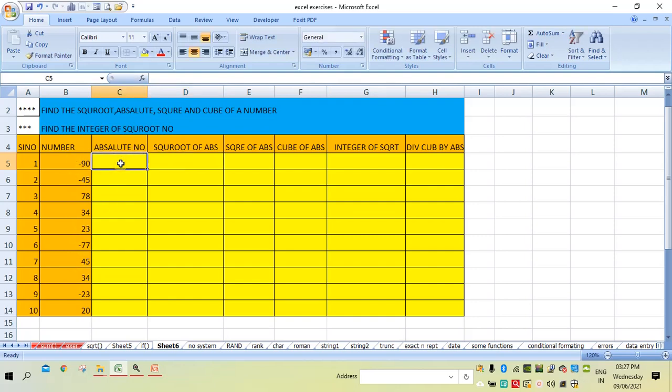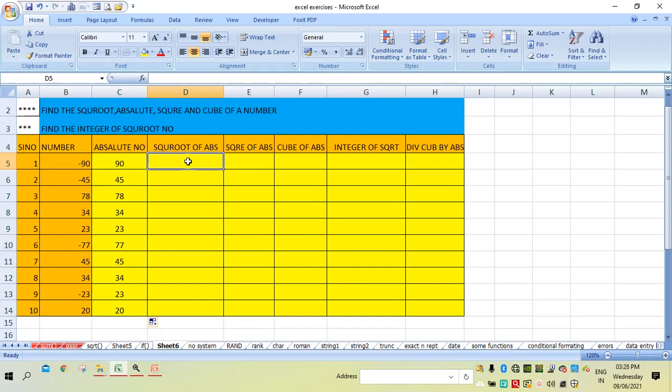To find the absolute value of this number, ABS in brackets, cell address, so this is 90. Let me find the absolute values of the remaining by just copying this formula. So now these are the absolute values.